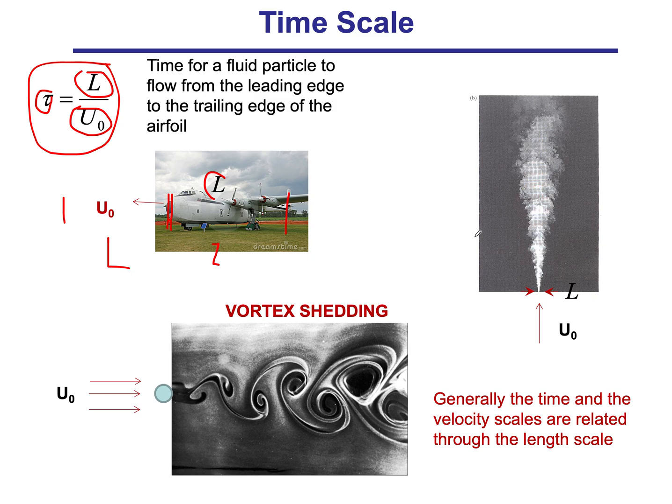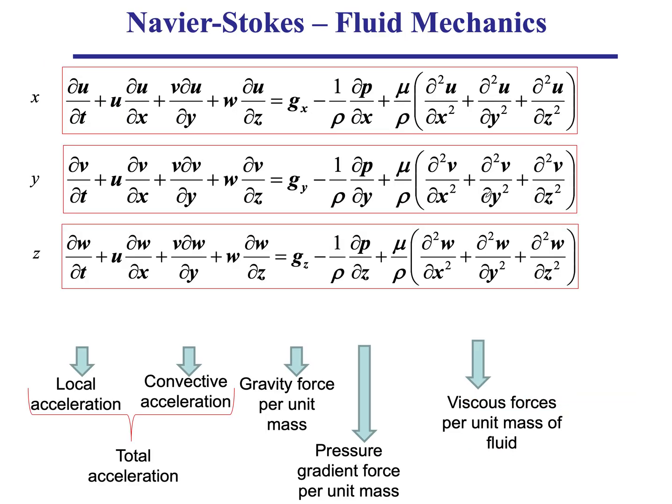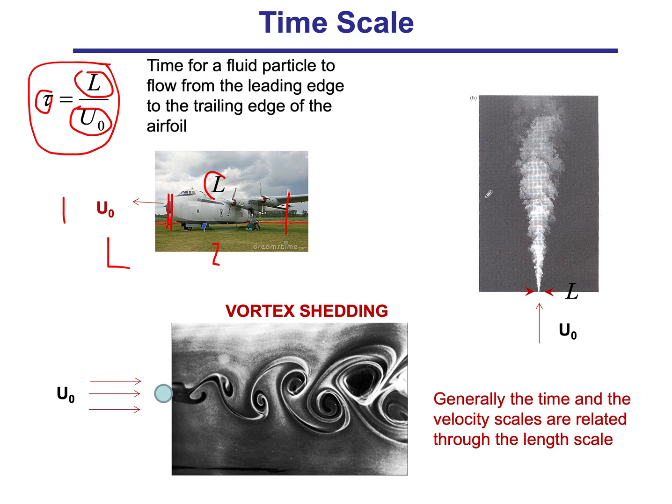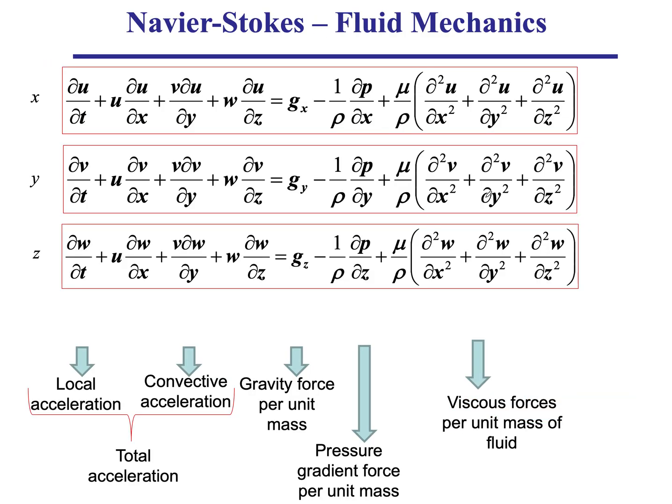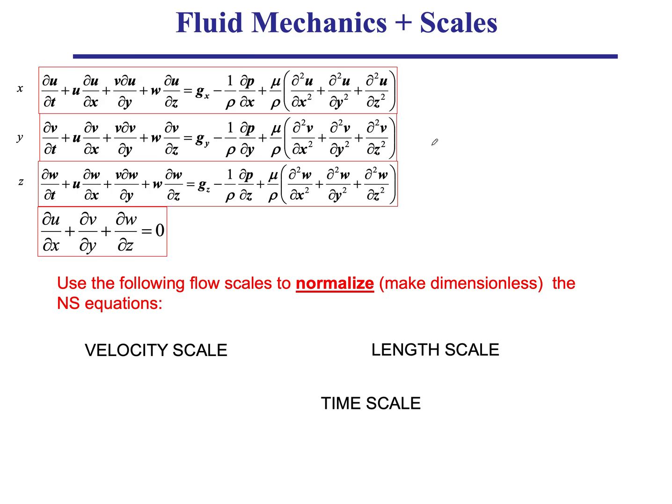And there are other examples that we can talk about and explain later. So these are the scales. But how do we apply scales to fluid mechanics? The basic equation that describes fluid mechanics is the Navier-Stokes equation. And the Navier-Stokes equation describes the force balance, or Newton's second law, for a fluidic system.